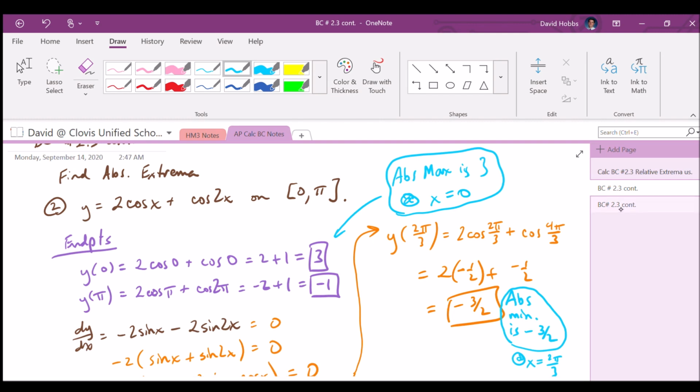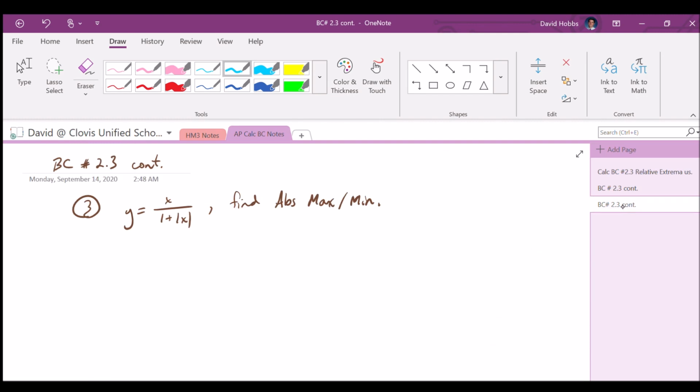Okay, one more problem here. So we have a function y equals x over 1 plus absolute value of x. Find the absolute max and min. Well, maybe let's get it taken care of so we don't have the absolute value to deal with, for one thing.